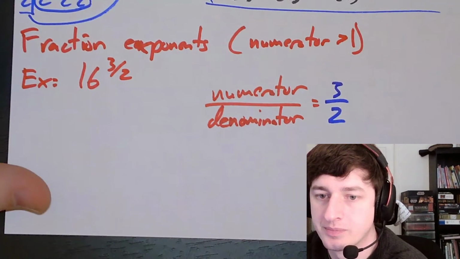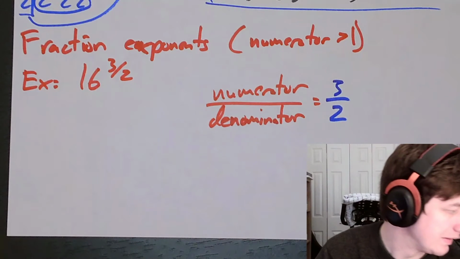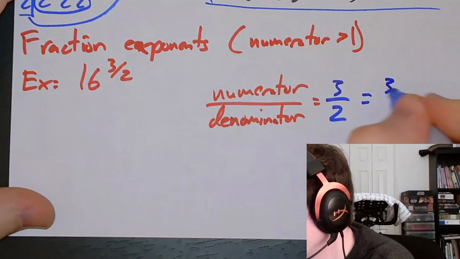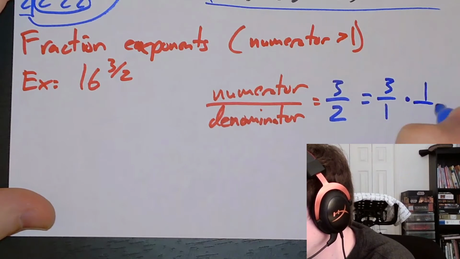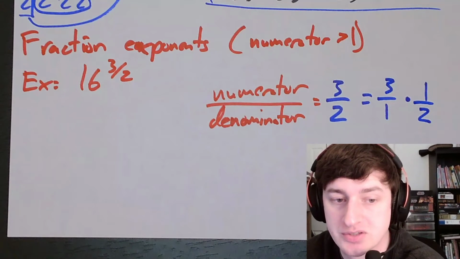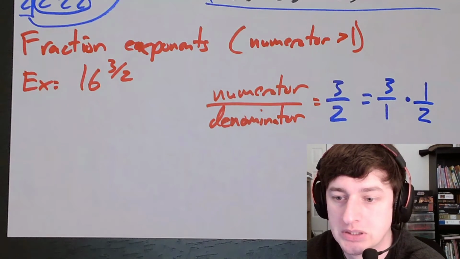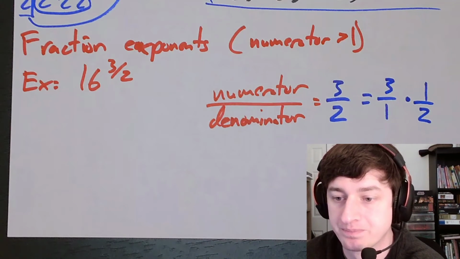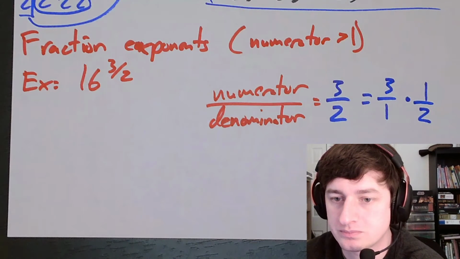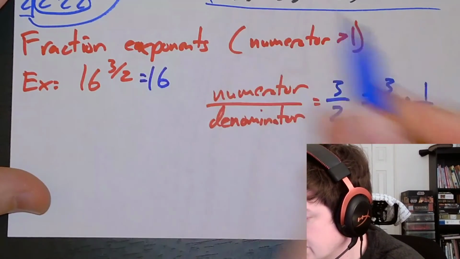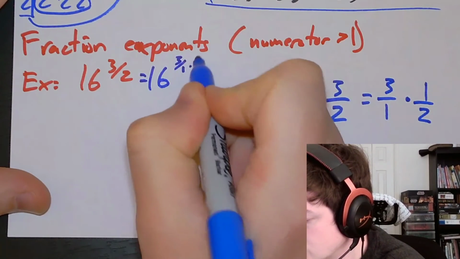We can rewrite 3 halves as 3 over 1 times 1 over 2, which is the thing that's going to help us actually simplify this fractional exponent. So this 16 is really to the 3 over 1 times 1 over 2.